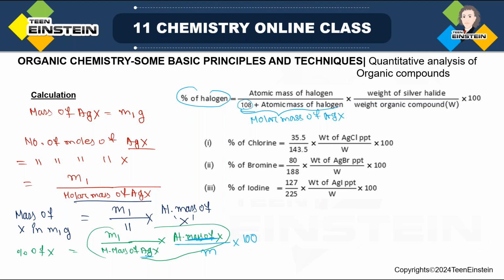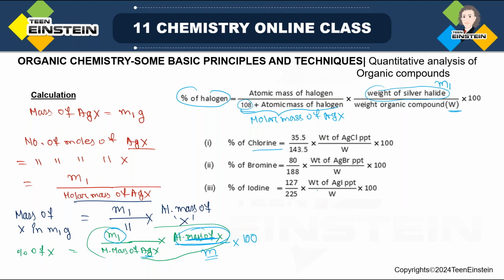Then the weight of silver halide is M1, and the weight of the organic compound we have written as M, here written as W. The important point is that this is the final expression which you can directly use.